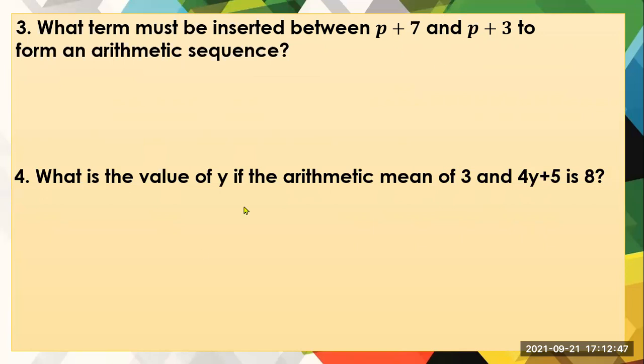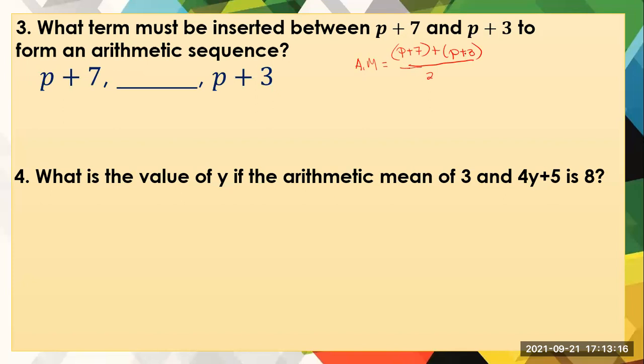So your sequence would look like this one. Okay? So how do you find an arithmetic mean there? Again, the arithmetic mean is equal to p plus 7 plus p plus 3 all over 2.